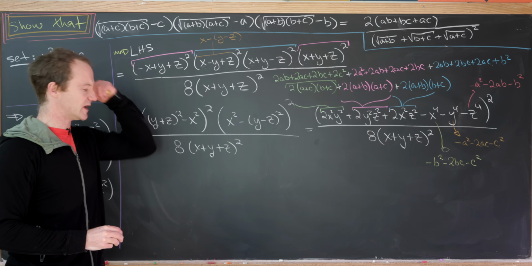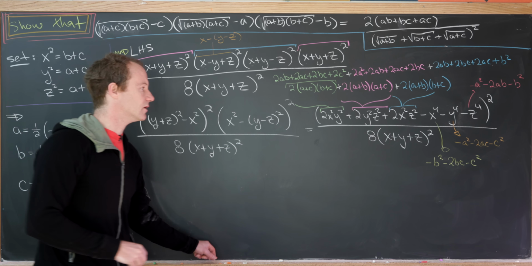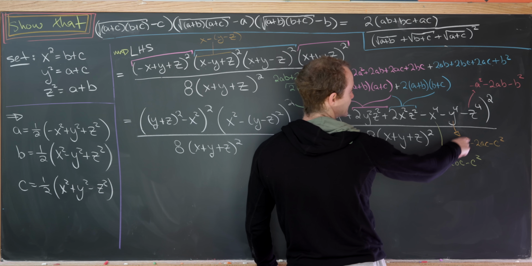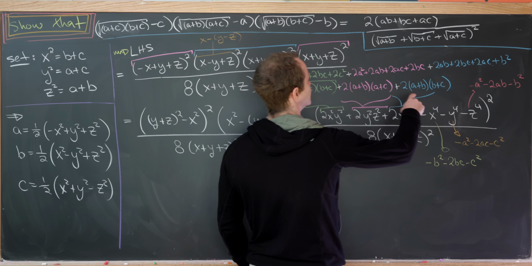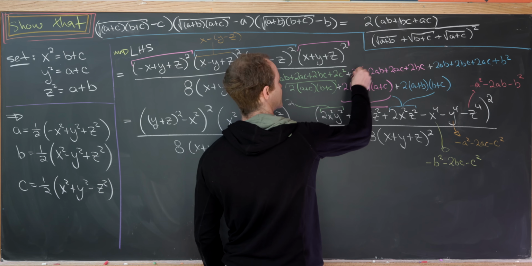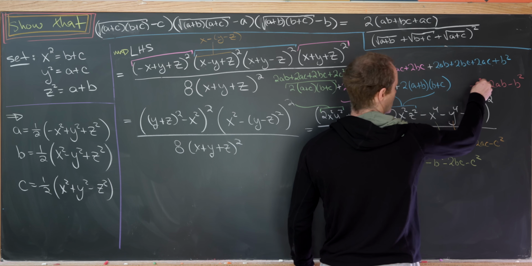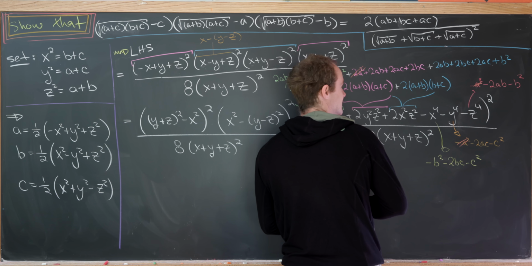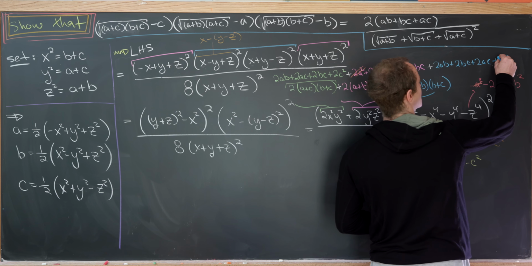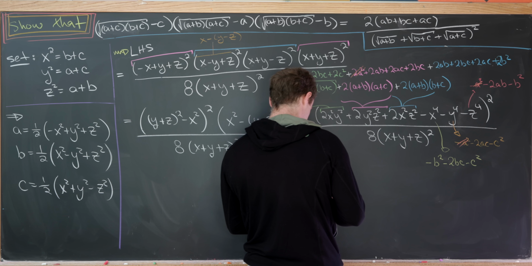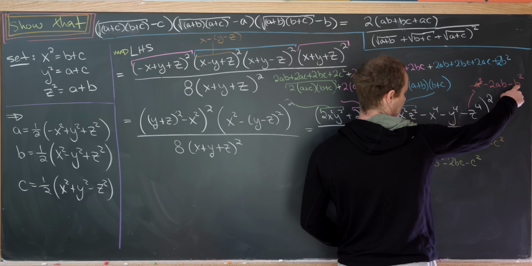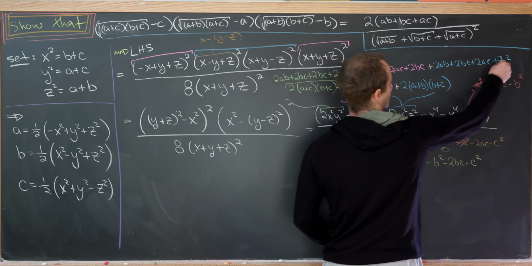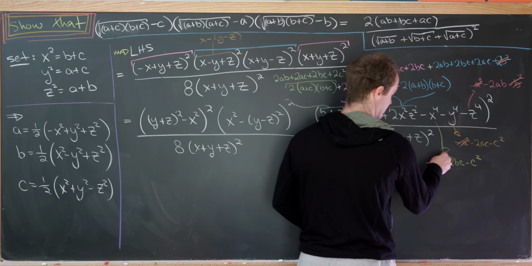And now let's see what we can cancel. So this minus a squared, this minus a squared will cancel with these 2a squareds here. So that cancels with those two. And I just realized I missed a coefficient of 2 right here. Okay, good. And then next up, this minus b squared and this minus b squared will cancel with this b squared.